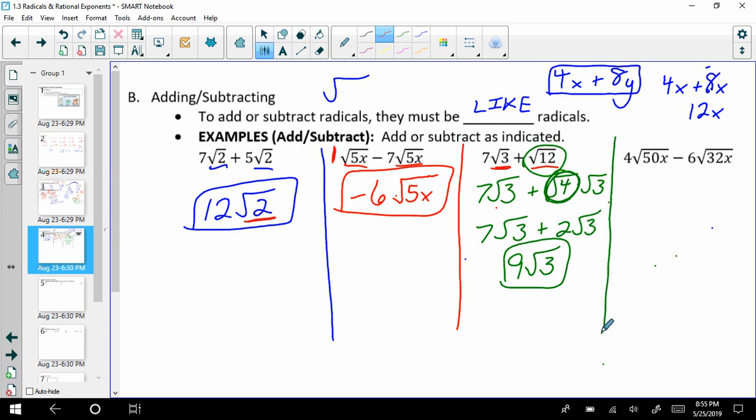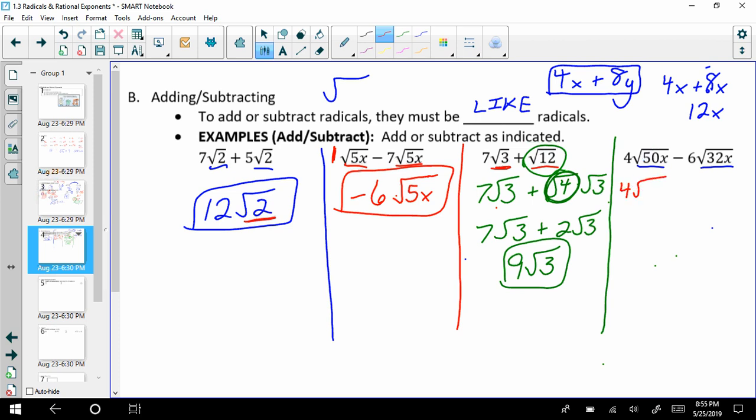Oh boy, look at this next one. Currently, the first thing you should think is, I cannot subtract them because they are not like terms. But we can do some simplifying. So 50 is not a perfect square, but if I look at my list, I want to find the biggest red number that will go into 50. And hopefully you can spot that it's 25.